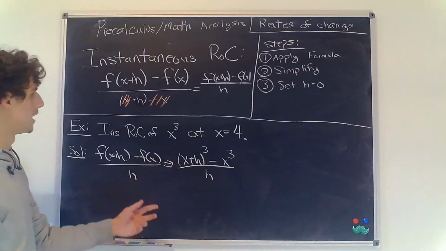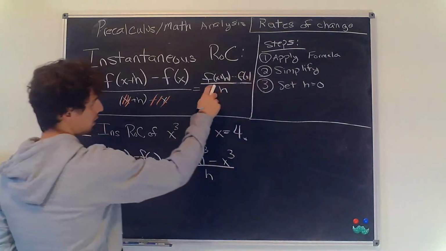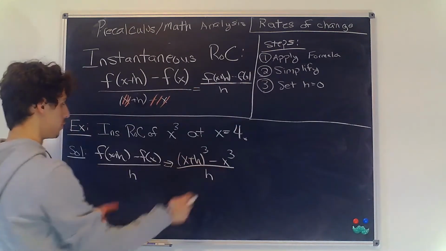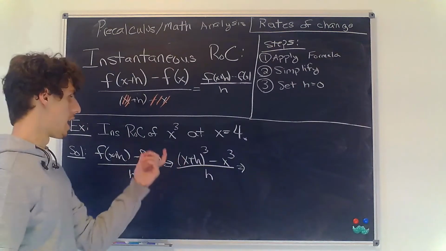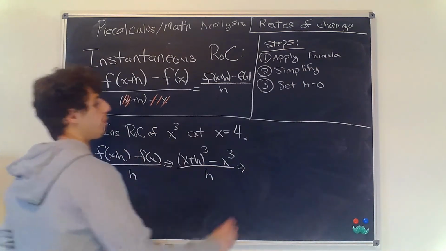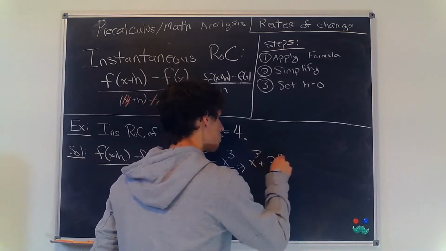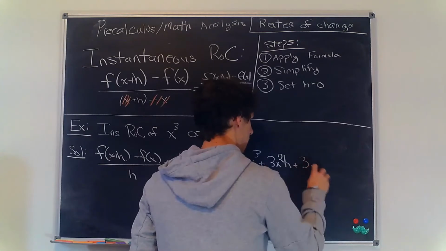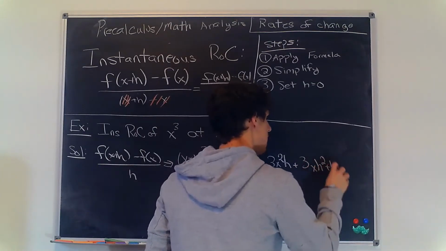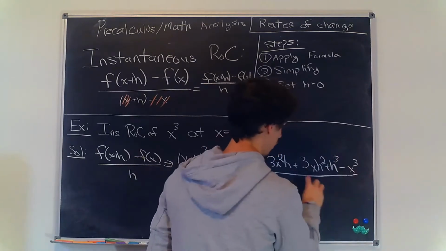This x plus h being plugged in here into our x cubed function, like so, and x cubed being our f of x function here. And now we want to expand this term out by using 3 copies of x plus h and multiplying them together. That's going to give us x cubed plus 3x squared h plus 3x h squared plus h cubed minus x cubed all over h.